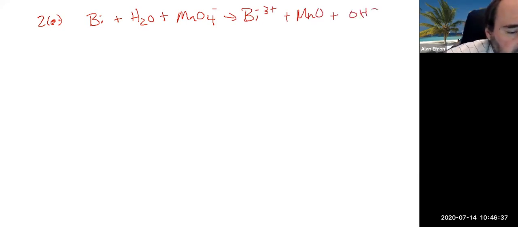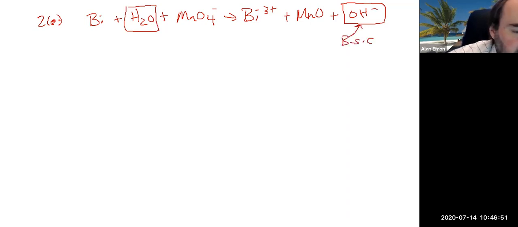So this would be an example of a basic condition. I know it's basic because I see the OH minus in the equation, and again, our water. So for the purposes of the study assignment, this will tell you it's basic conditions.